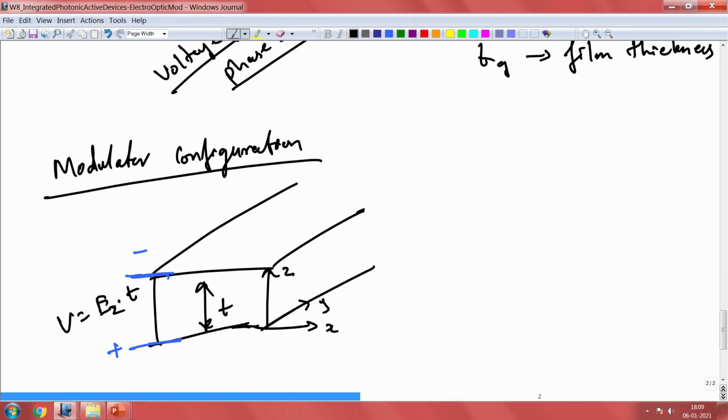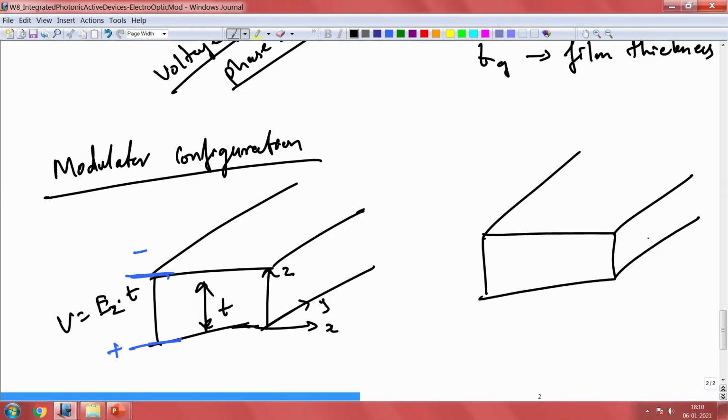And you can do something different here. You can take the piece and then apply the field between these two faces, so you have positive and negative here, and now the field is in this way. In the earlier case the field was in that direction.